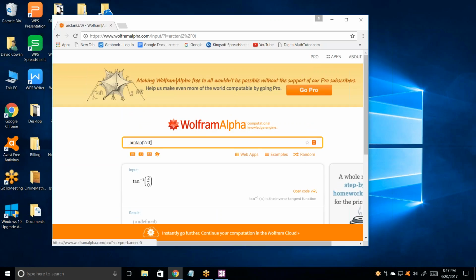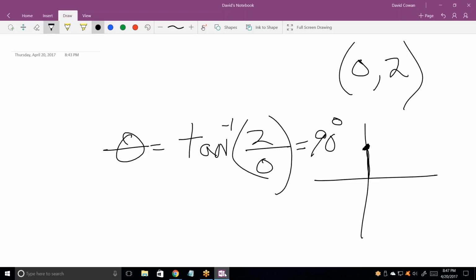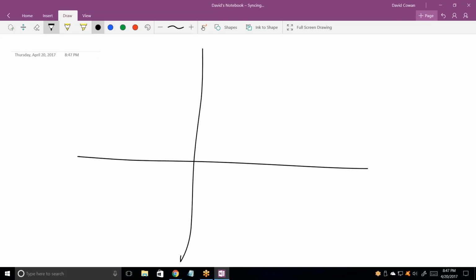Well, that's interesting. And here, I just want to draw the tangent curve for you, just so you understand why I think I'm going crazy here. We've got a vertical asymptote at minus 90 degrees, or minus pi over 2. Vertical asymptote at pi over 2.